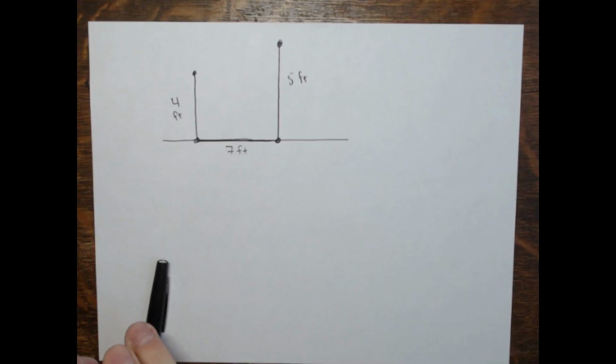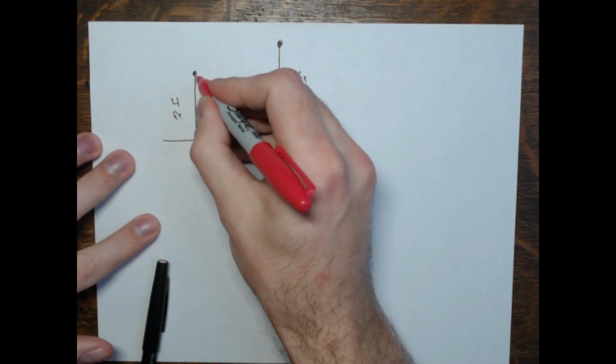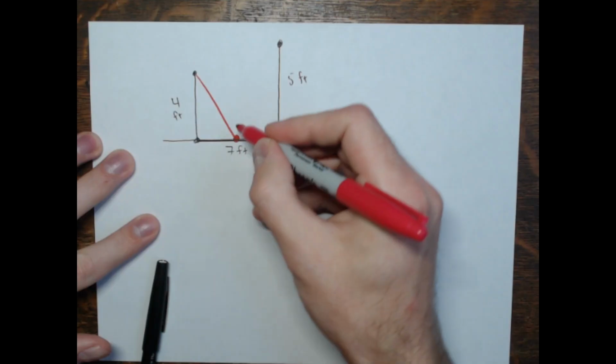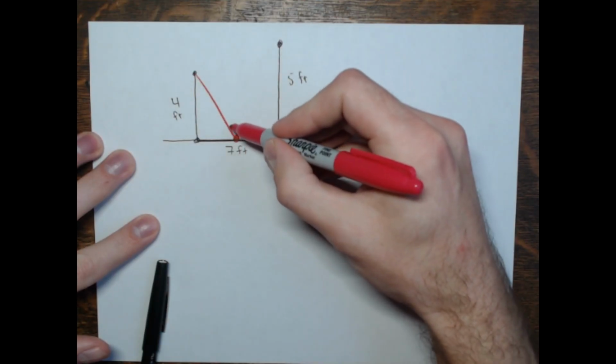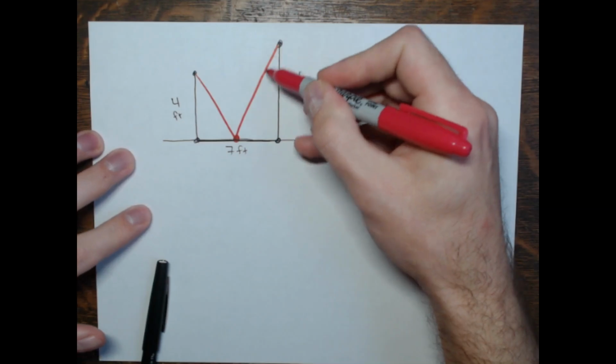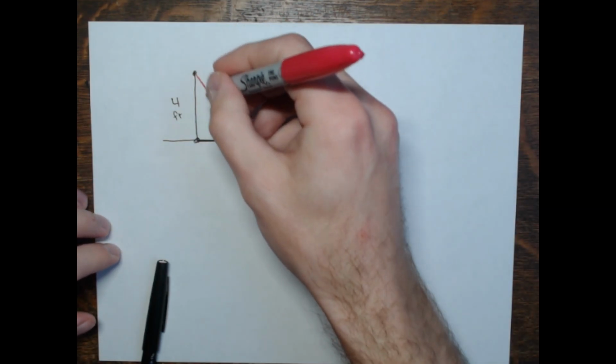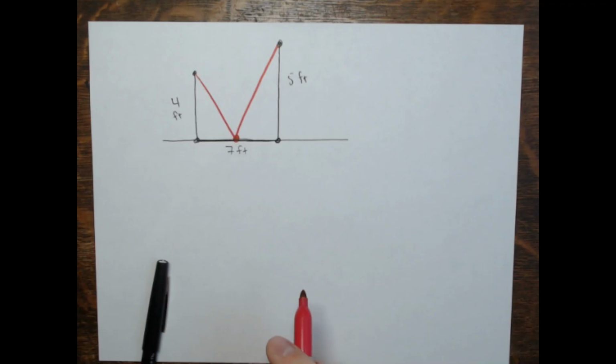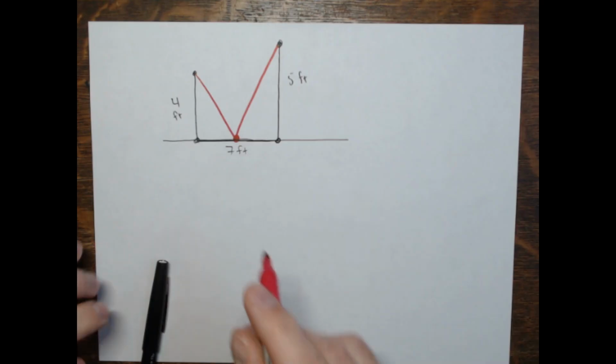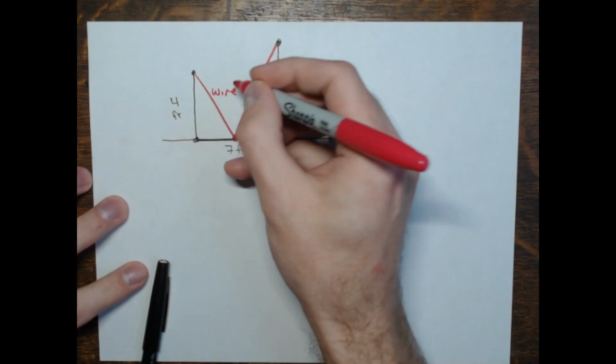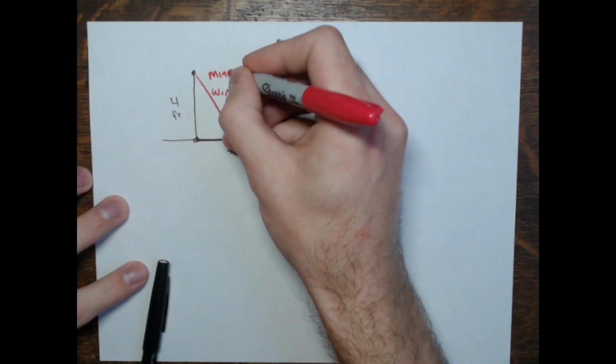And then it says there is a wire connected to the ground between the poles. So wire to the pole, wire to the ground, anchoring that pole, and then also anchoring this pole. So what's the shortest wire needed? They're saying minimize the distance, minimize the amount of wire.